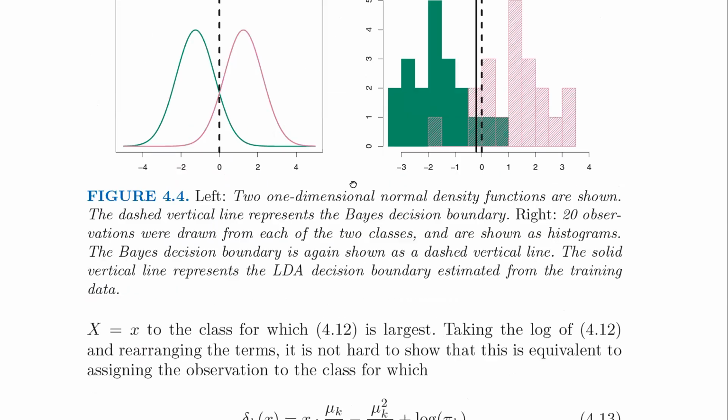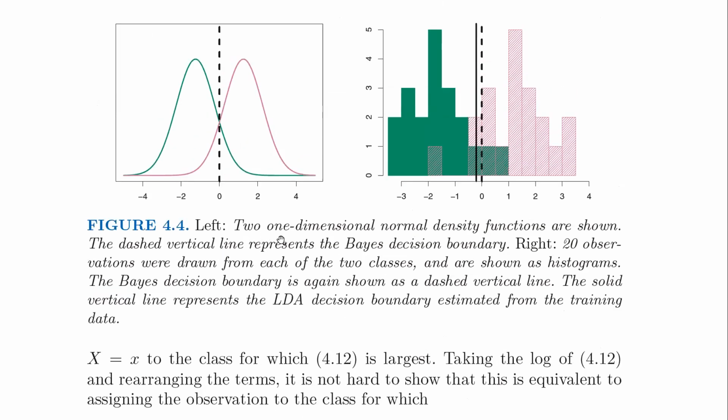Two one-dimensional normal density functions are shown, one for each class. We know what classes are, right? You're going to classify each observation into a specific class.